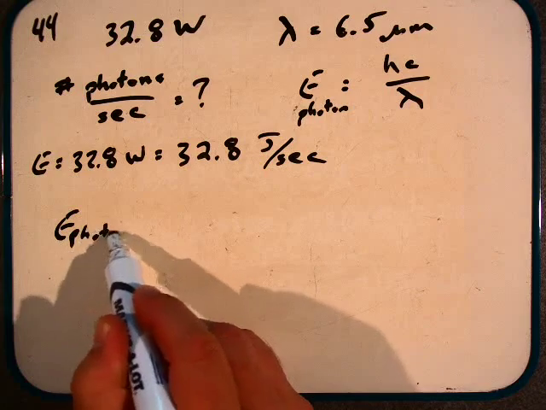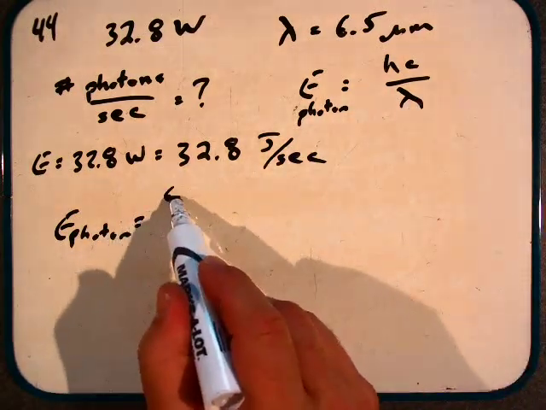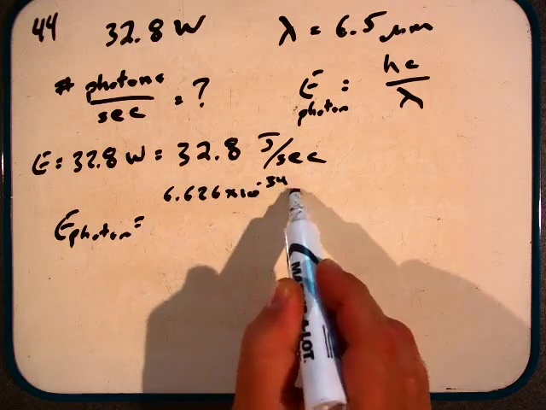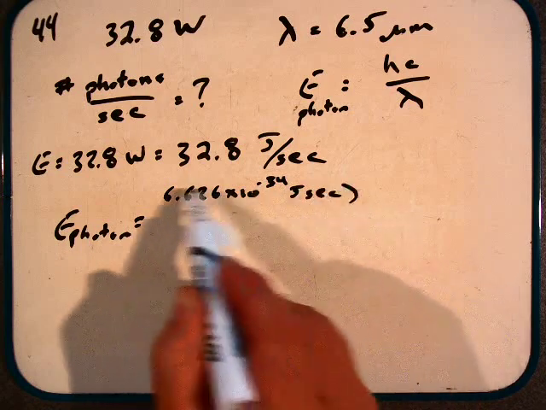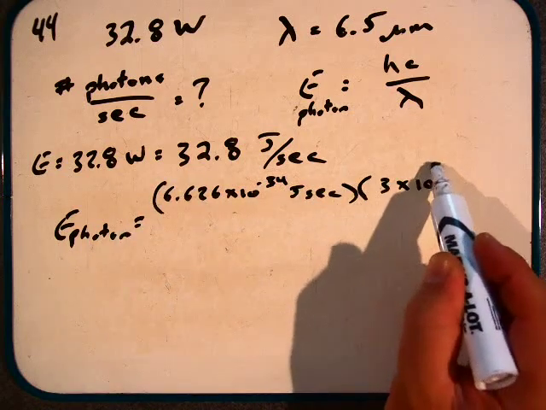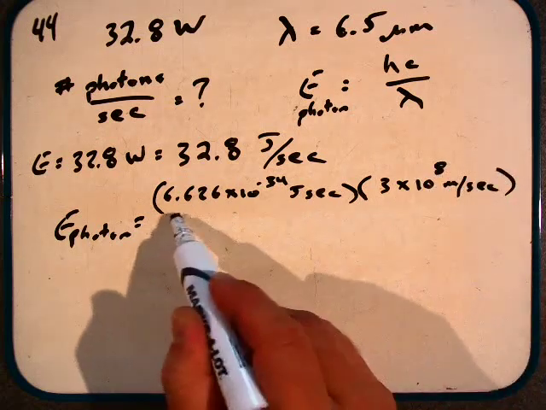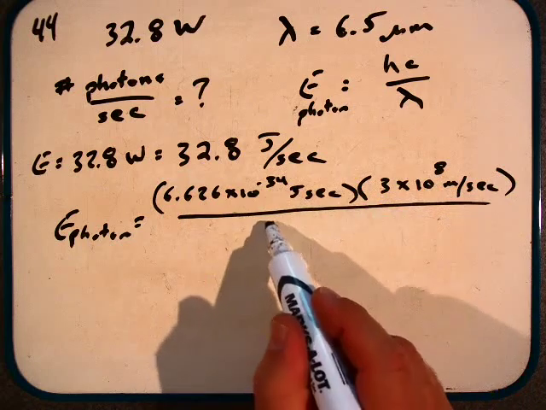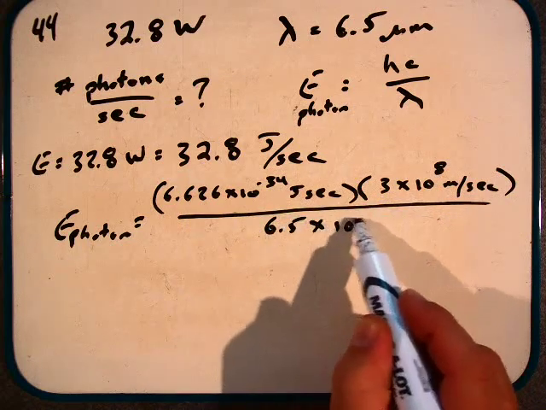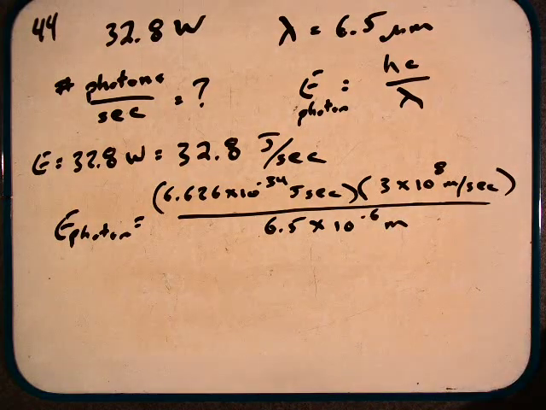So we can solve for the energy of one photon by using our expression that involves Planck's constant times the speed of light, all divided by our wavelength, which we have to make sure is in meters and not micrometers.